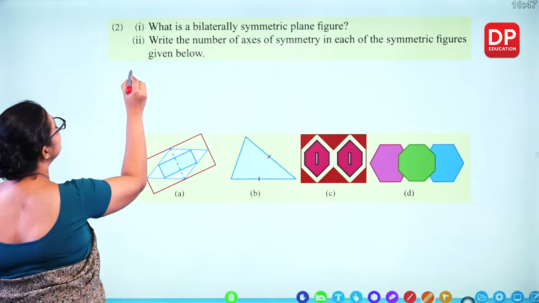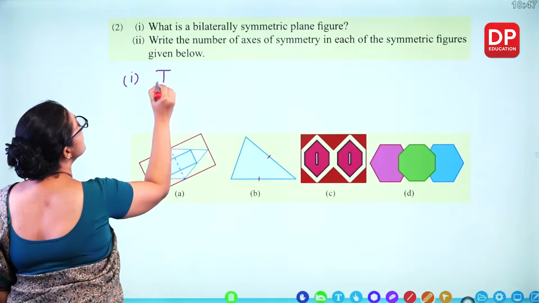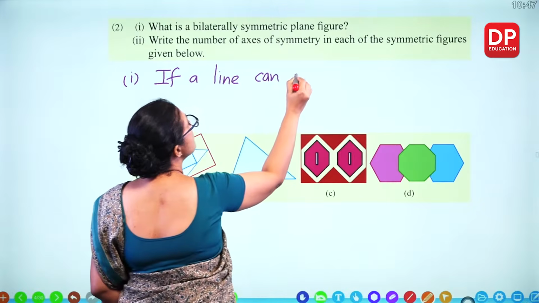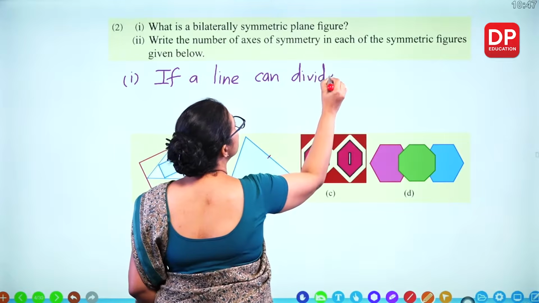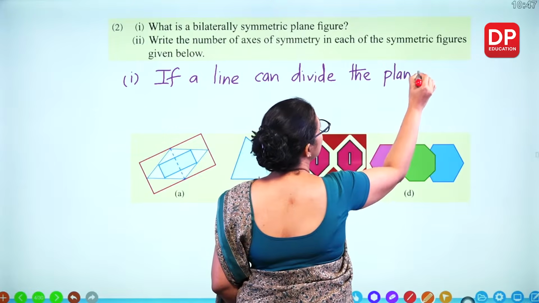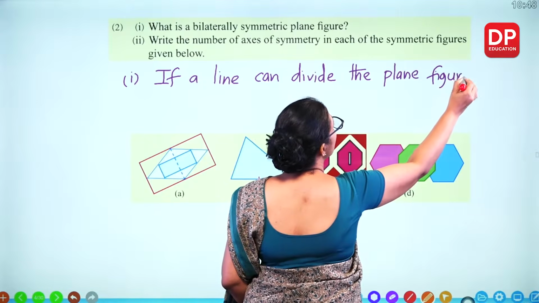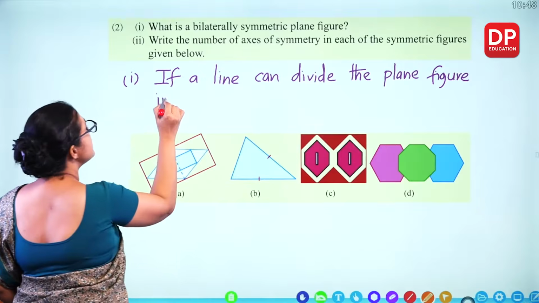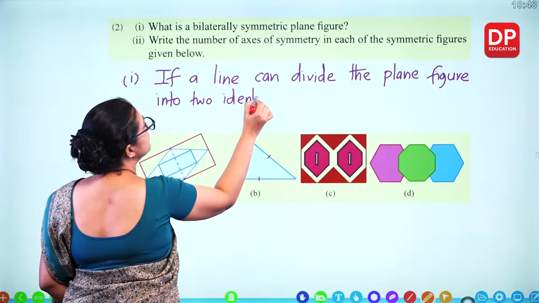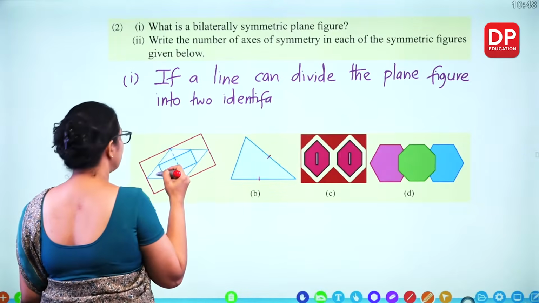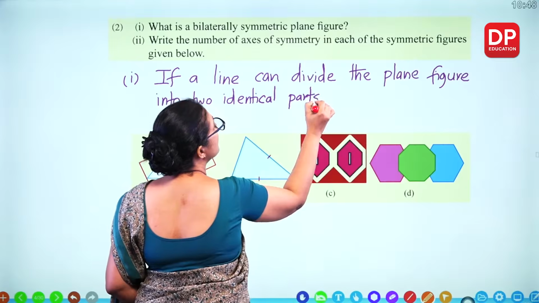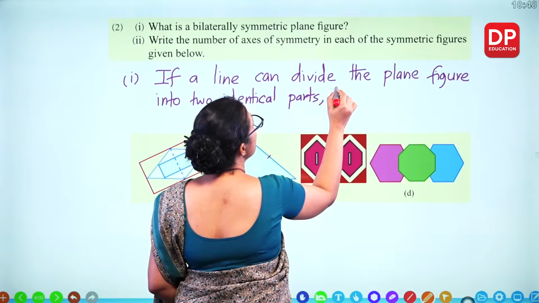So we can write down, if a line can divide the plane figure into two identical parts, the plane figure is bilaterally symmetric.